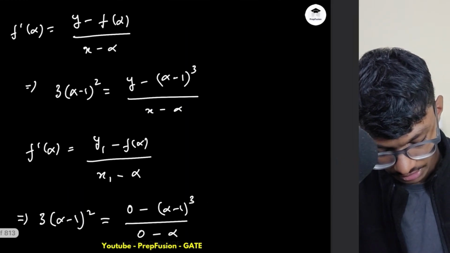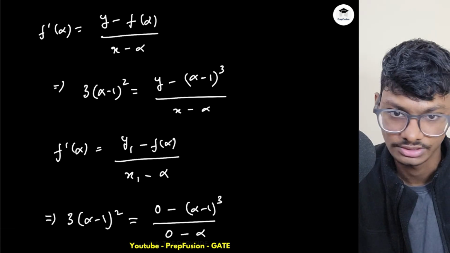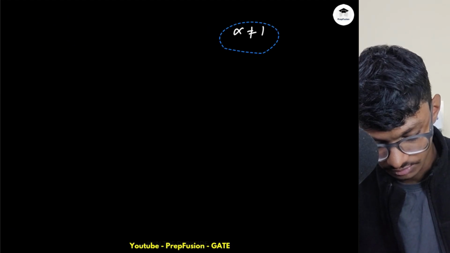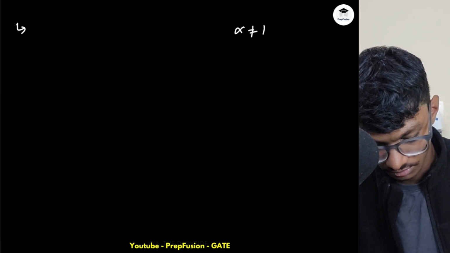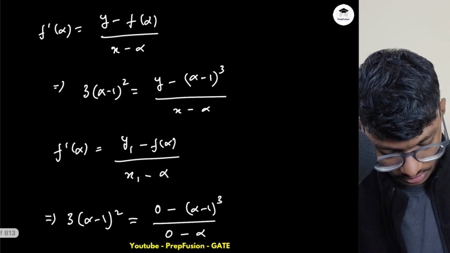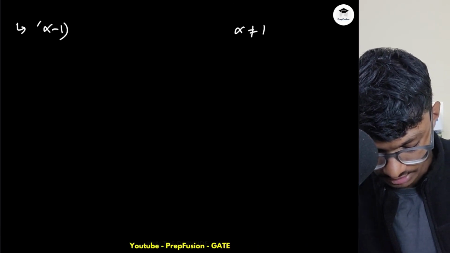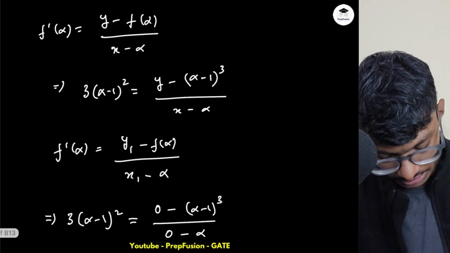So what will happen? Alpha square, and we are assuming alpha is not equal to 1. The minus minus gets cancelled. This is alpha minus 1 equals 3 alpha, since alpha goes over there.